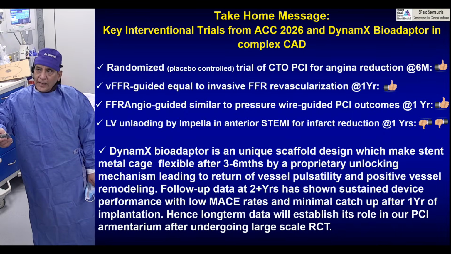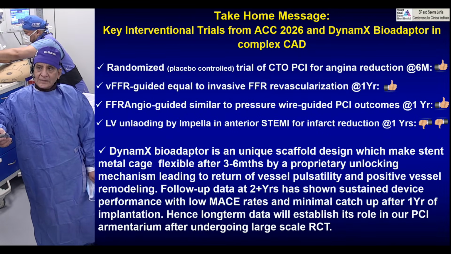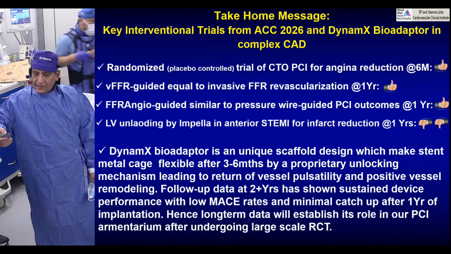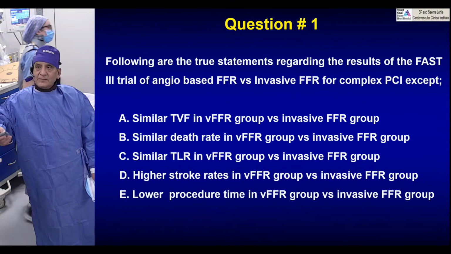Follow-up data are very good, and of course, minimum catch-up. Most important is we need long-term data to establish its role in our PCI armamentarium after undergoing large-scale randomized clinical trials, which are needed in United States, although the device has CE mark approval.